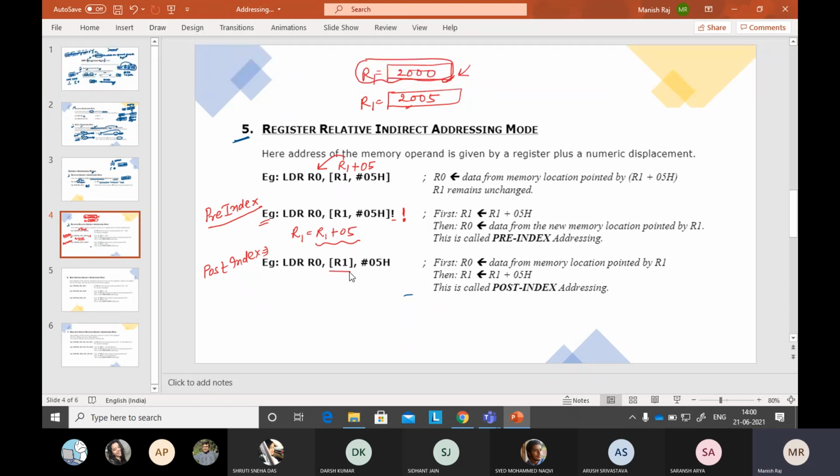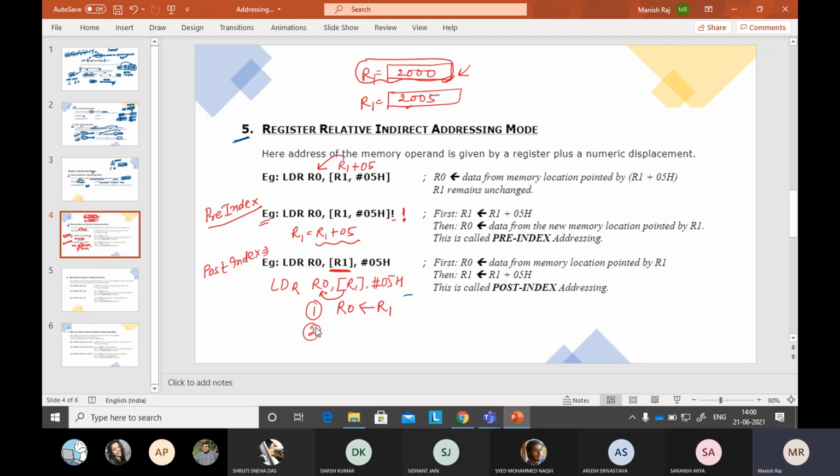Here LDR R0, and this is R1 in the bracket. After that it is written 05. So what is happening? First, R0 will get the address of R1.